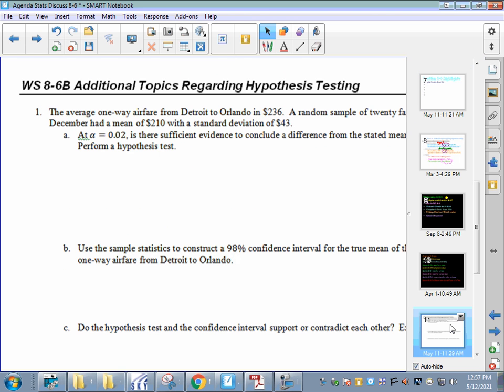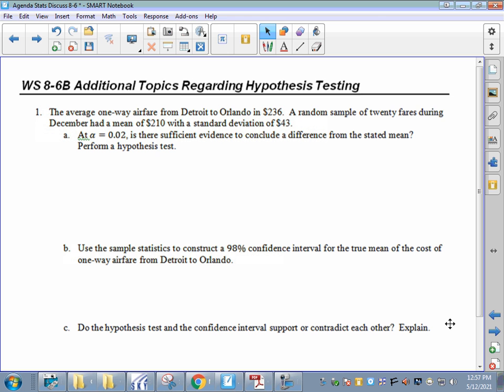Let me take you back to that. So number 1, it says the average one-way airfare from Detroit to Orlando is $236. A random sample of 20 fares during December had a mean of $210 with a standard deviation of 43. So the first thing I need to ask myself, there's obviously means, right? Average, so it's means. Do I know sigma, my population standard deviation, or do I know s? Well, this whole second sentence, a random sample of 20 fares, I do that on purpose.